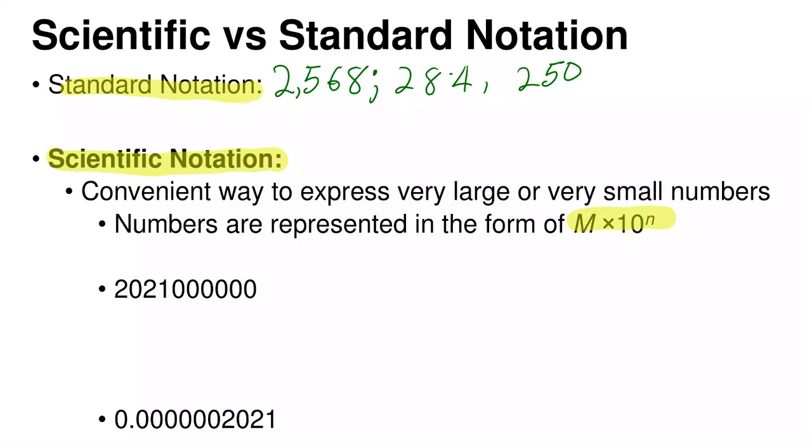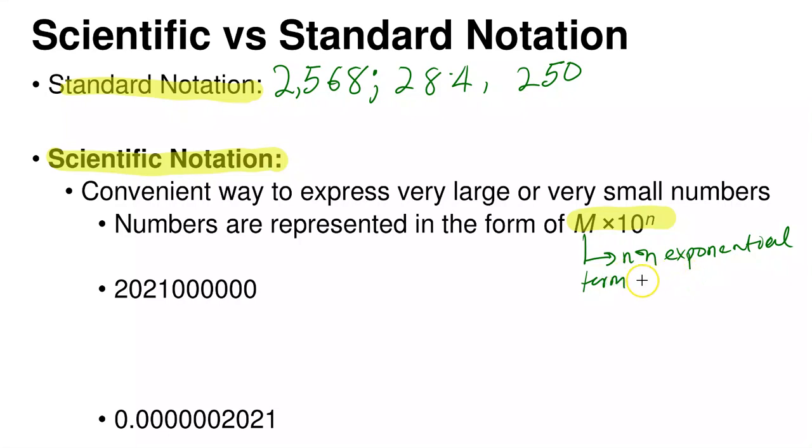The m here, not n, represents the non-exponential term, which is a non-zero number. The non-exponential term cannot be zero.